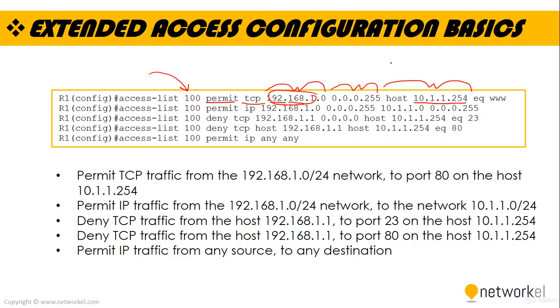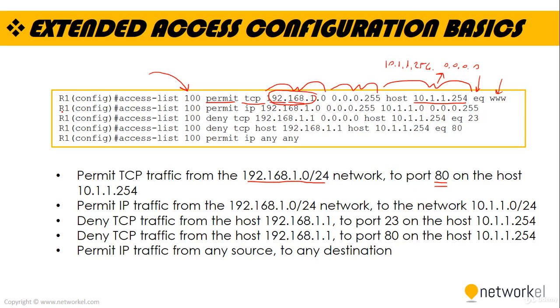I can also use 10.1.254 with a wildcard mask of 0.0.0.0, but for simplicity I can use the host keyword and the host IP address with an equivalent of www port. That means permit TCP traffic from this network to port 80, which is the HTTP port, on the host 10.1.1.204.